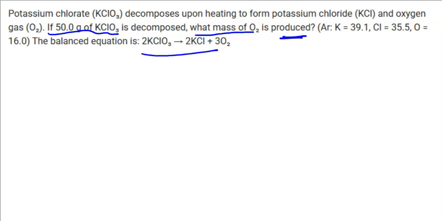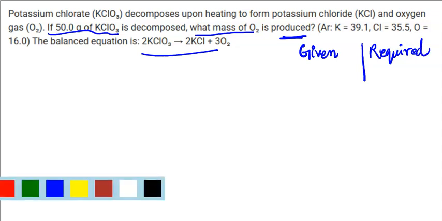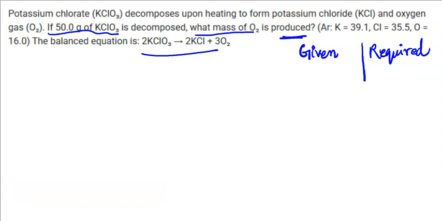Now you have this equation. So first things first, what is given in the question and what is required in the question, you just need to write it separately. And here, what is given? Mass of KClO3 is given, which is 50.0 gram, right?